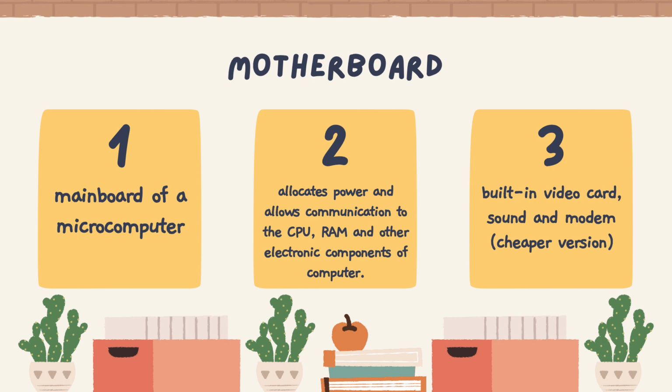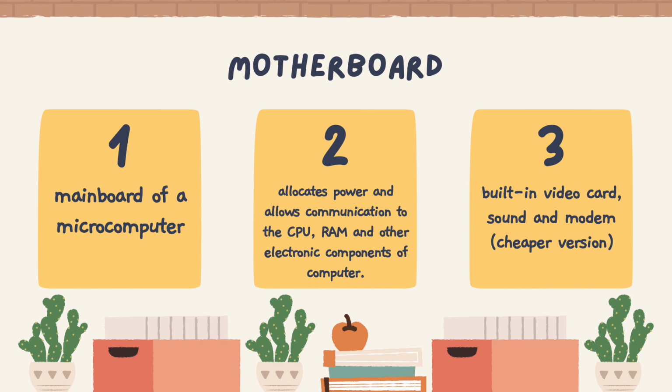Next, the motherboard allocates power and allows communication to the CPU, the RAM, and other electronic components of the computer. So all the peripherals inside and outside of the system unit are always connected to the motherboard. So it distributes the power or electricity to all devices or components.